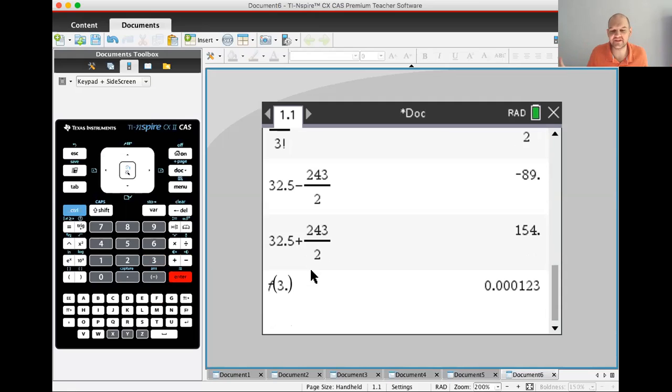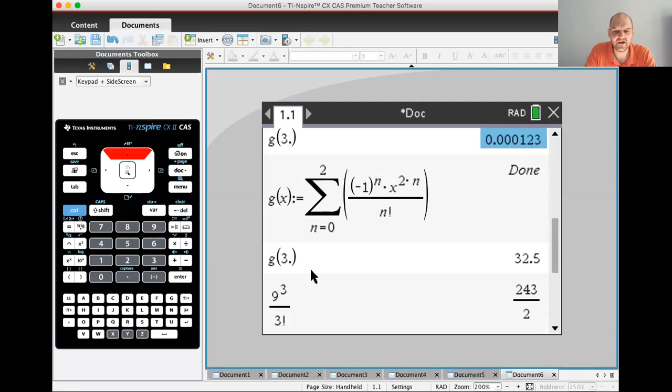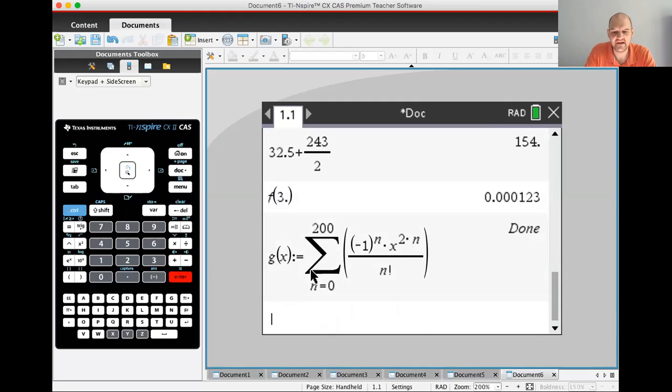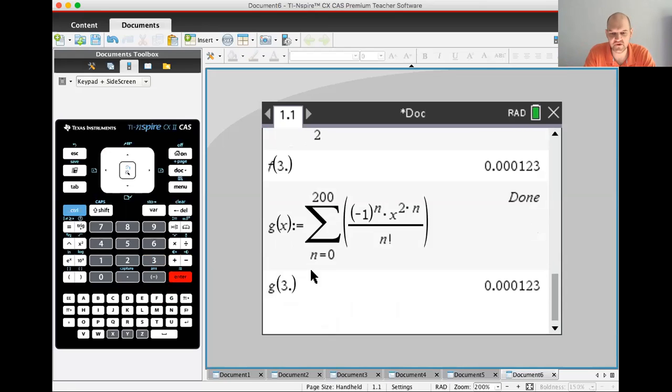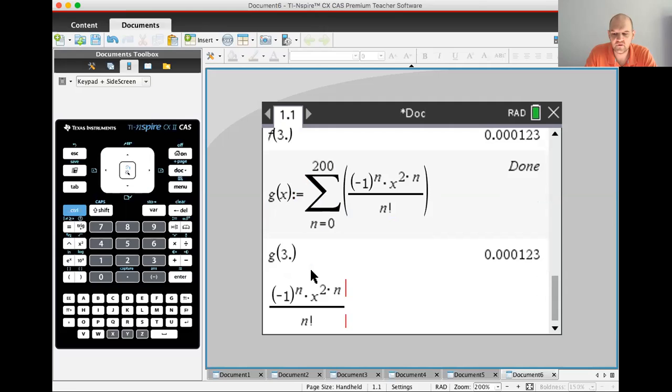It's very comfortably inside. So say we did 200, though, right? When it was defined as 200, and then I did g of 3, way closer, right? So with 200 terms, what would be the first term left off? It would be this with n equals 201.